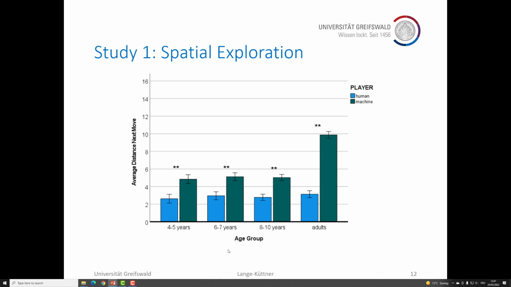The grid was of course smaller here, so the child opponent colored in about 5, and the machine opponent for the adults colored in about 10 places distance of each other. So there was a lot of spatial exploration possible for the machine in the adult grid.